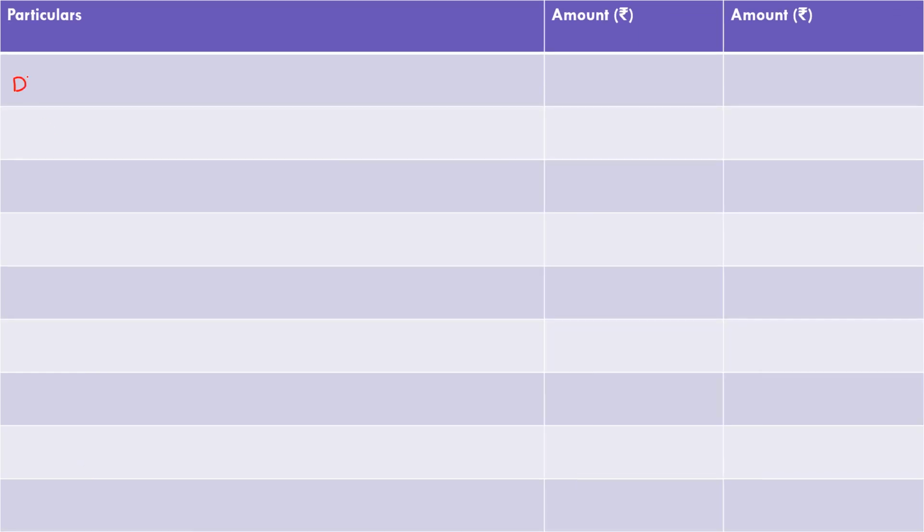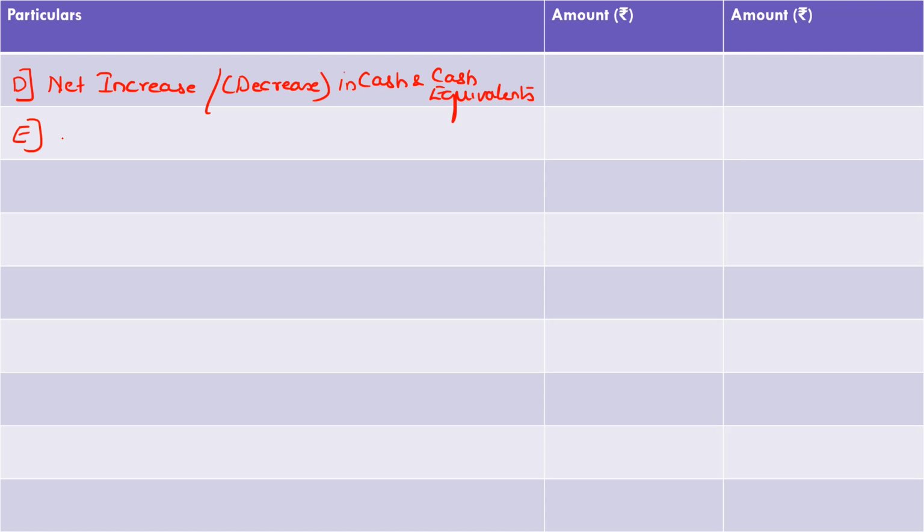We would be getting the D, that is the net increase, or there can be as well, if it is in bracket, a decrease in cash and cash equivalents. And to this E we add the cash and cash equivalents at the beginning.